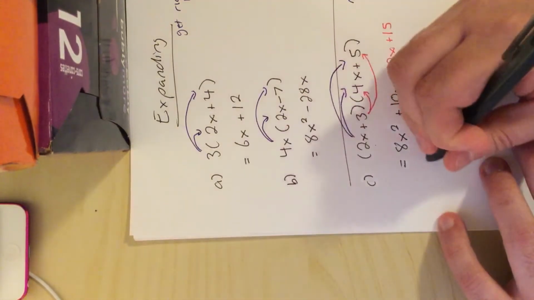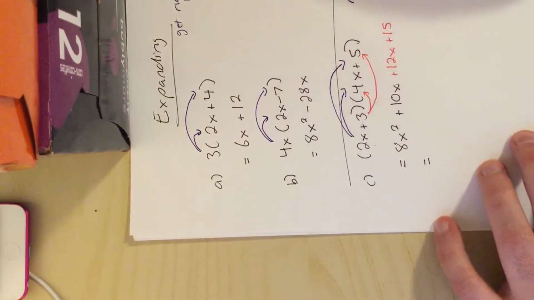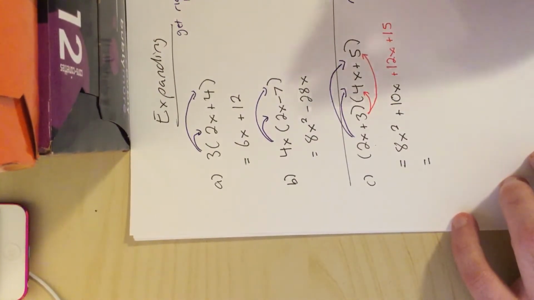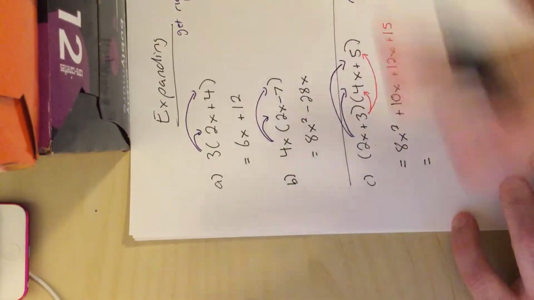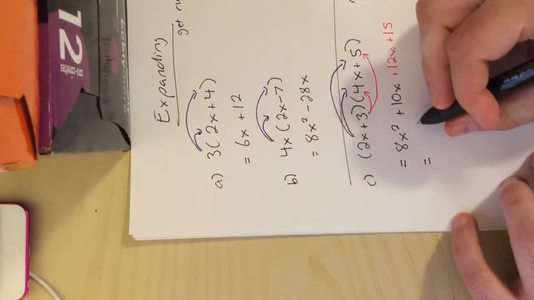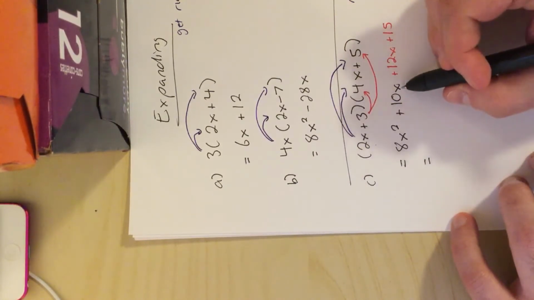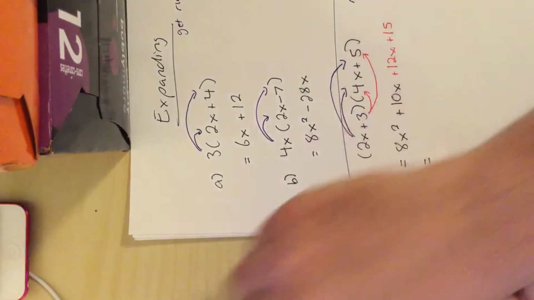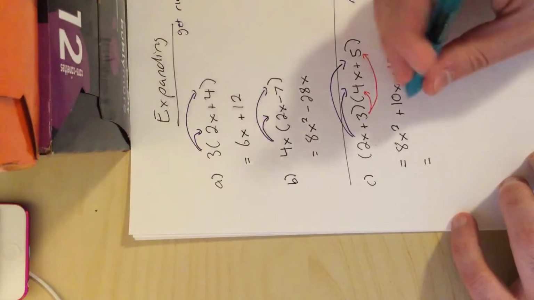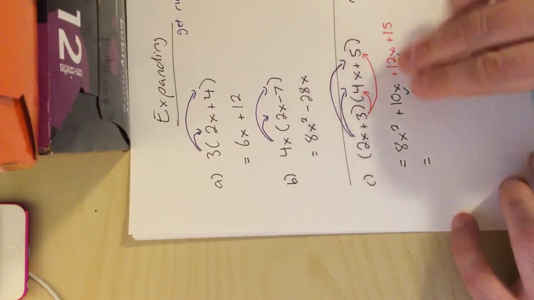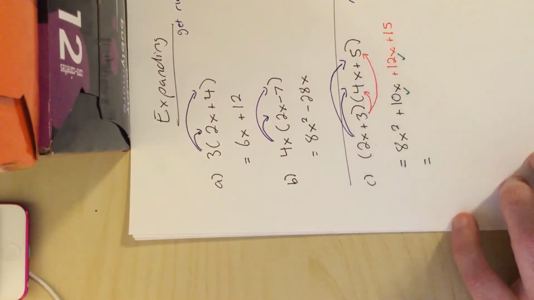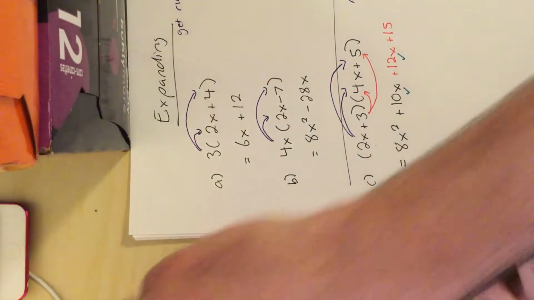And we're almost done. What we're going to do now is collect any like terms. And like terms, as you may or may not recall, are terms that have the same letters with the same exponents. So this is an x squared, that's an x, that's an x, that is no x. So these two are like terms. So we're going to combine the like terms, and then we're going to add those up. That's how we're going to do it.